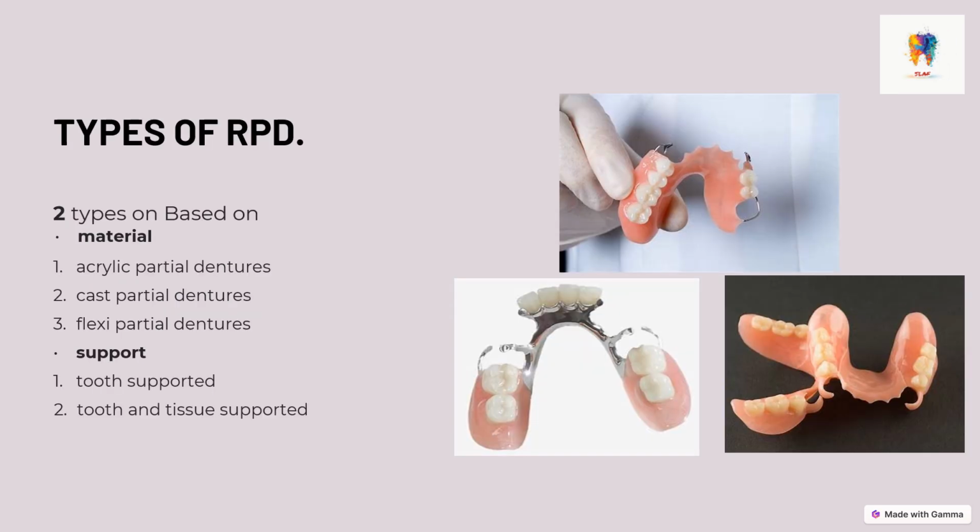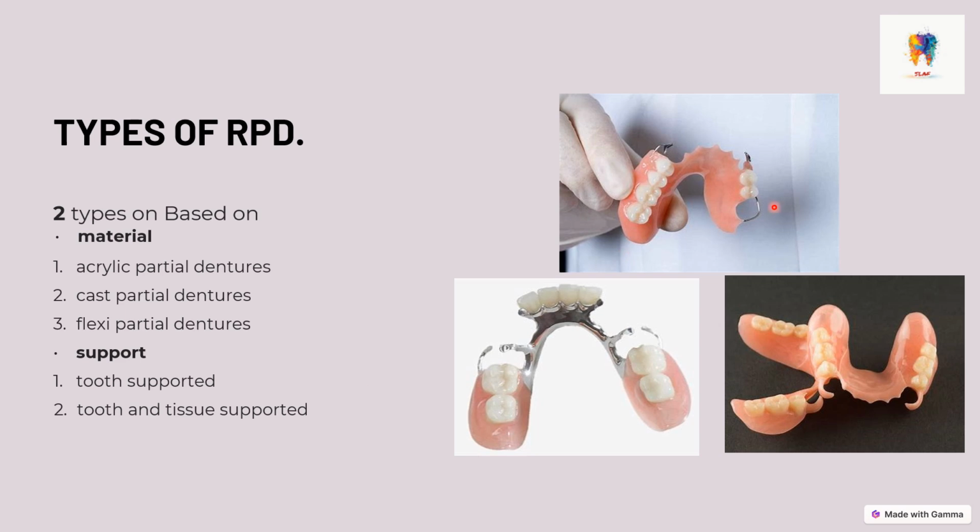Removable partial dentures have two types based on material and on where they take support. Based on material, they are classified into three types: acrylic, cast, and flexi partial dentures. Based on support, they are classified into two types: tooth supported, and tooth and tissue supported.